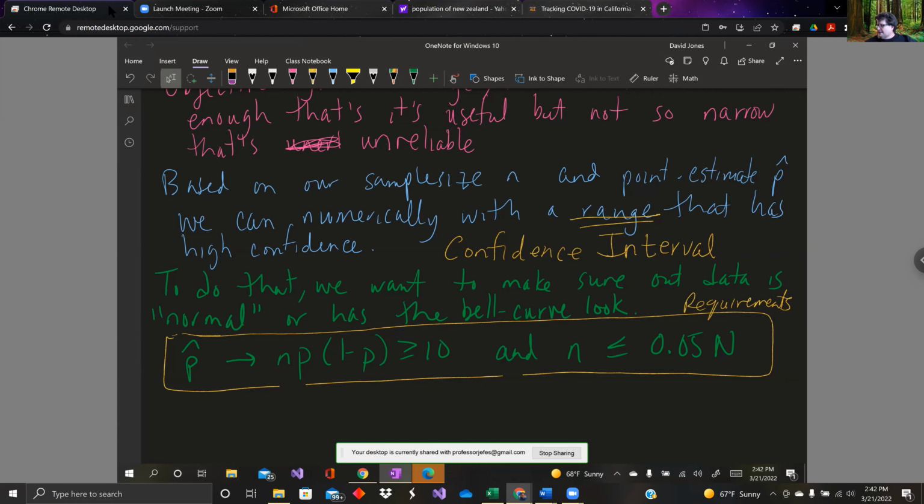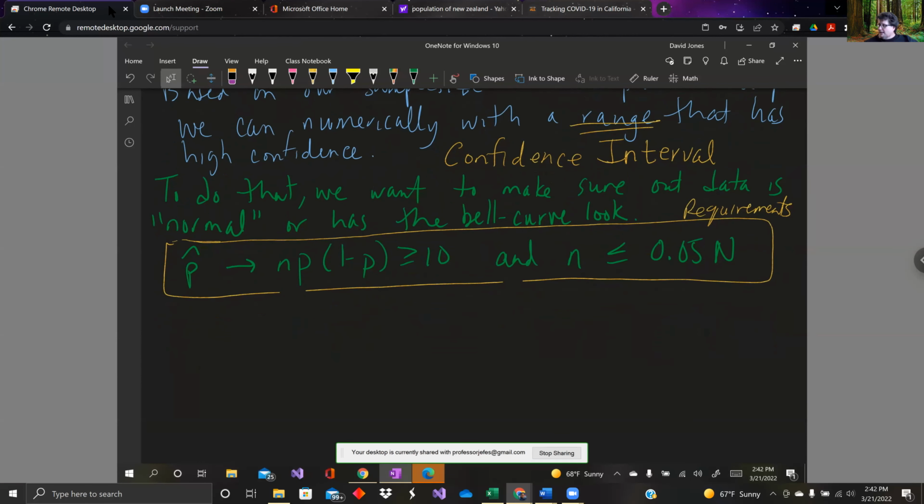And when we had that, we ended up with a normal distribution, which has a mean and a standard deviation. The mean was p, and sigma for p hat, or our point estimate, was the square root of p times 1 minus p divided by n.